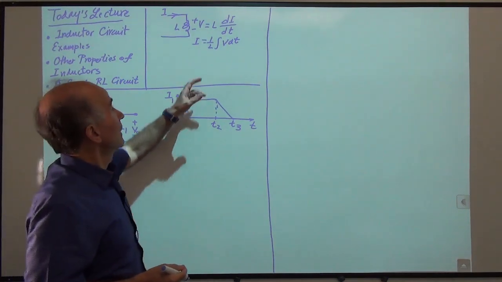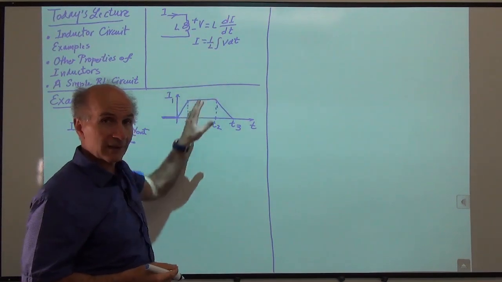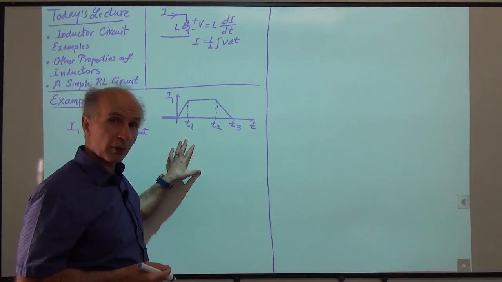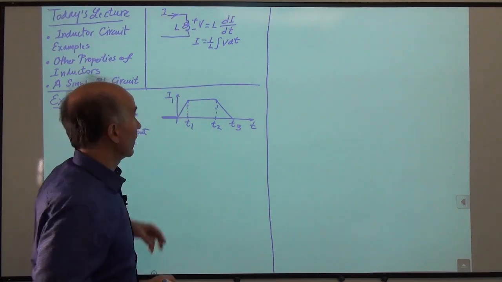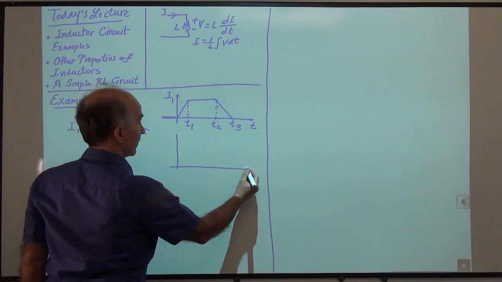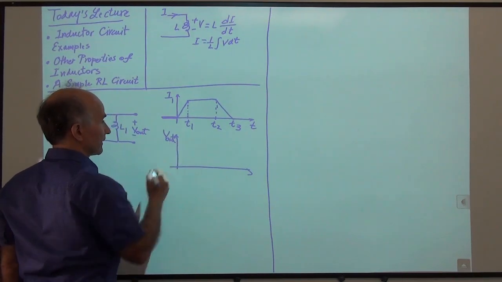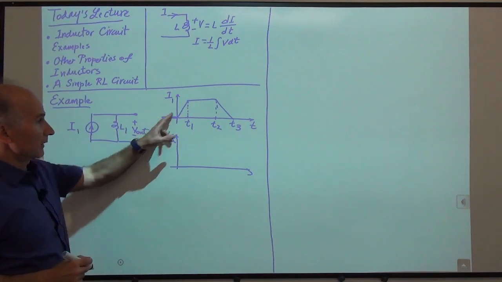Now I know that the voltage across an inductor is given by this equation, so I just need to take the derivative of this waveform to obtain the voltage. And of course multiply by L. So I will say that V out, the voltage across the inductor, is given by the derivative of all of this.